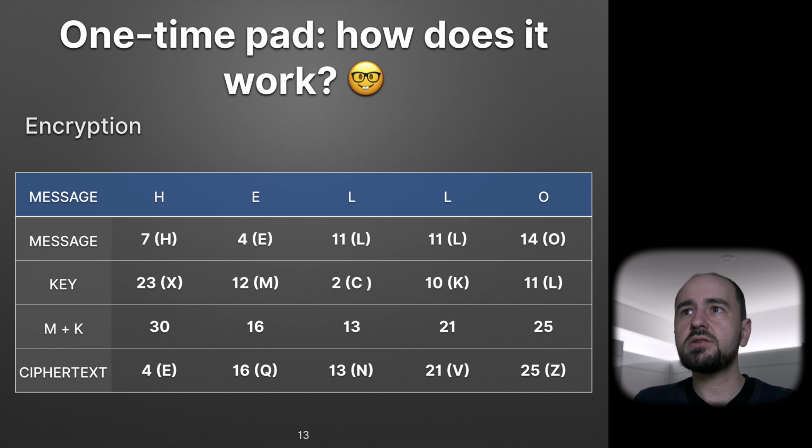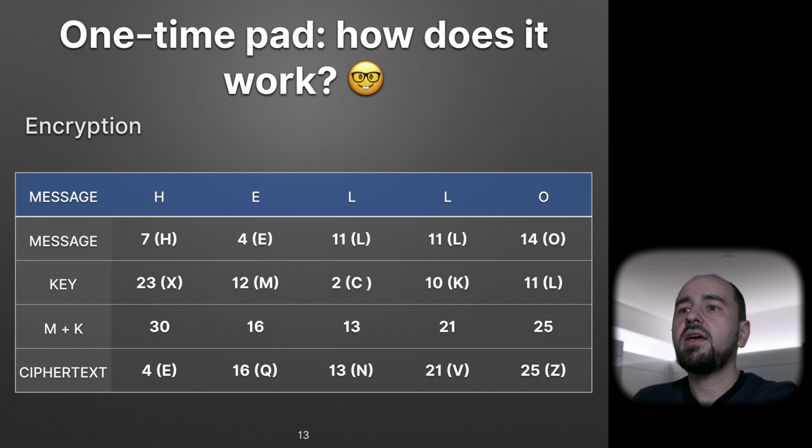So to illustrate, to encrypt, I have my message, HELLO. Each character corresponds to, in this case, an integer, but you could treat it as bits or whatever. I'm taking that value, and then I'm going to add the key, so it's basically m plus k, and then mod it.